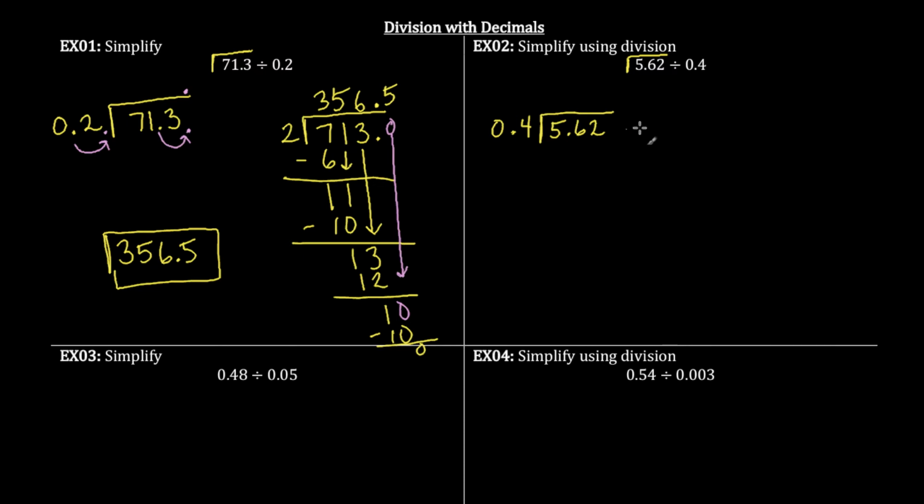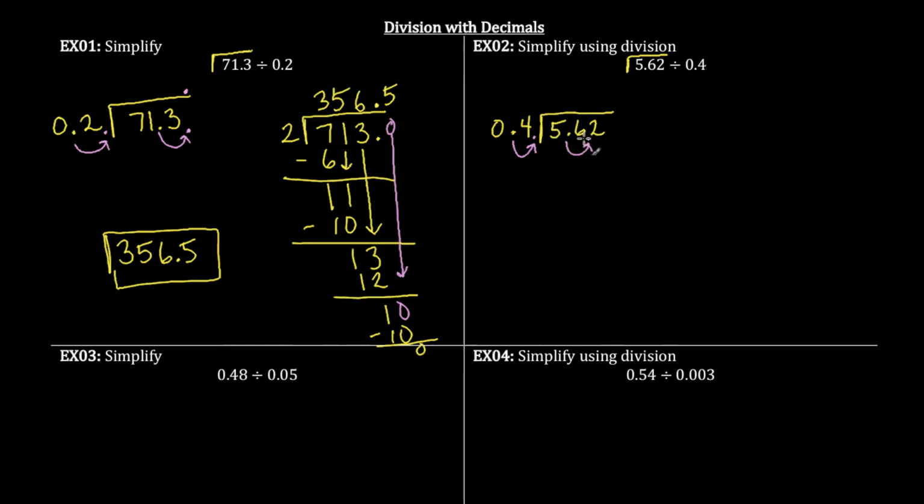Before we start, our goal is to make this divisor into a nice whole number, preferably single digits. So I'm going to move my decimal over 1 time to the right. And it becomes 4. So that means I have to do it right here also.